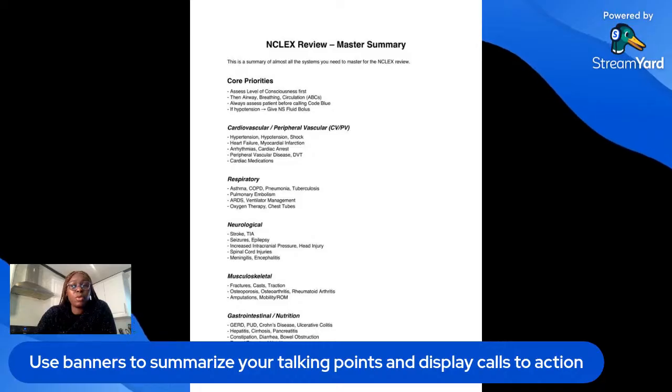For musculoskeletal, we have fracture, cast, traction, osteoporosis, osteoarthritis, rheumatoid arthritis, amputation, and mobility. That's range of motion.